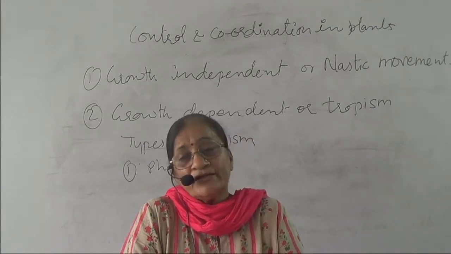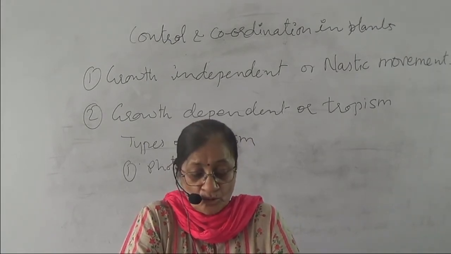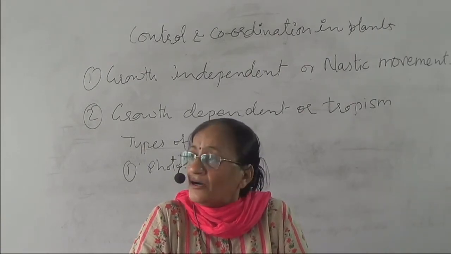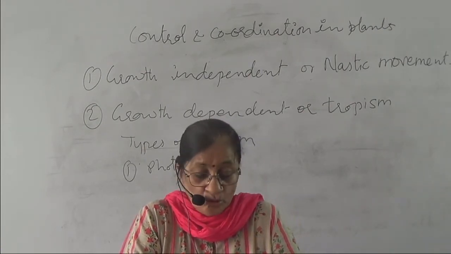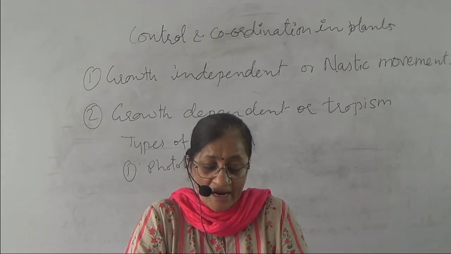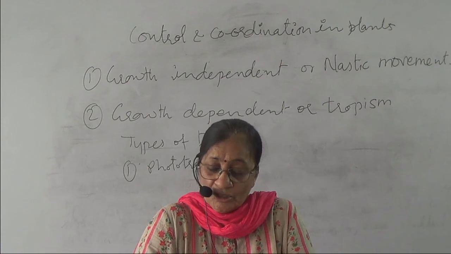So what can be the cause of this type of growth? In the above activity which I have told, we have noticed that the plant grows by showing movements towards light.